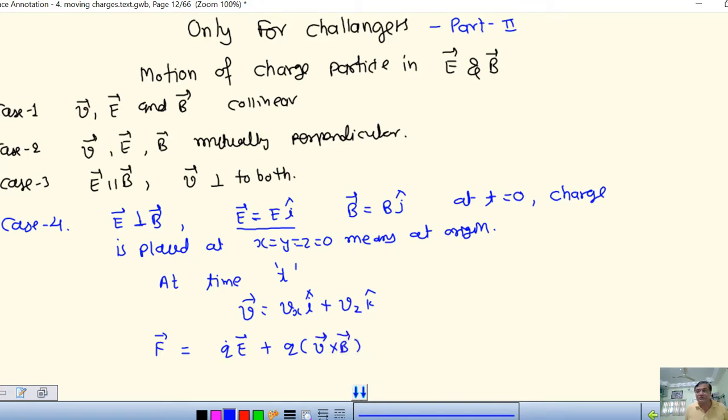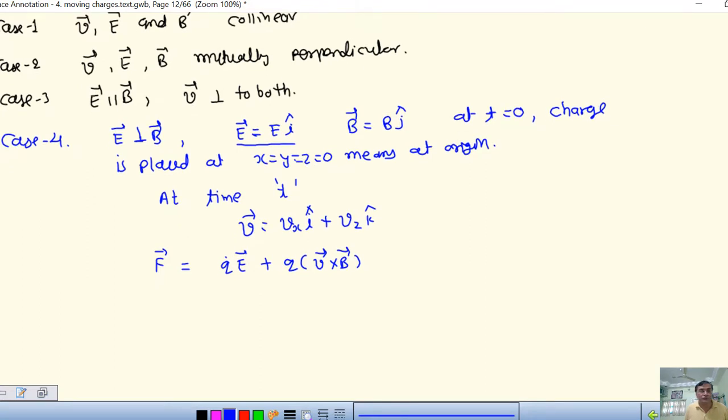Okay, so Q E, E is in i direction, so I write QE i, plus Q V cross B, so we use the determinant: i, j, k. The x component of velocity is Vx, y is 0, and z is Vz.